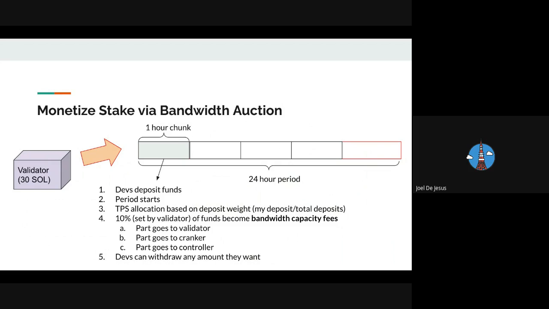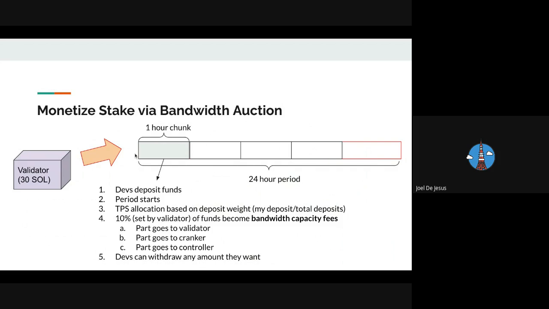So, how does it work? Alice and the other developers deposit funds in a bid bucket that's specific to a validator. In this example we'll use a validator, but in Solpipe it's a little more complicated. Alice deposits money before the period starts.